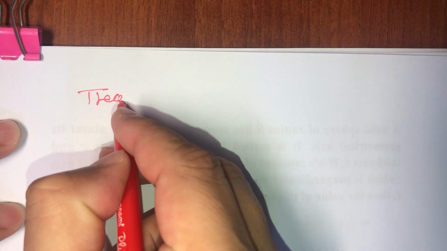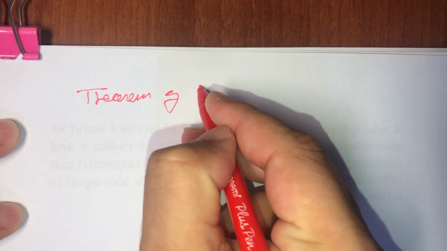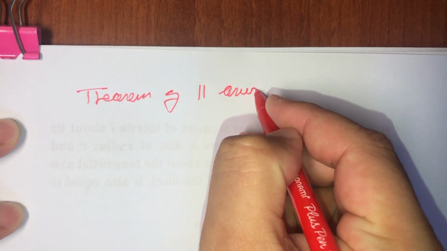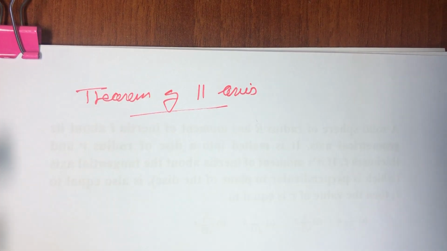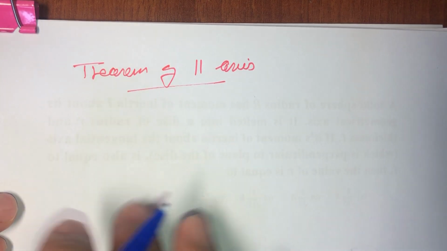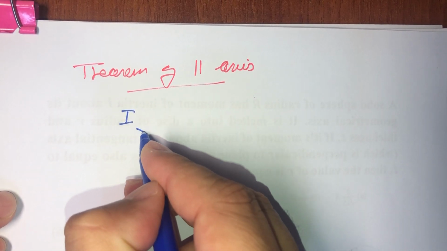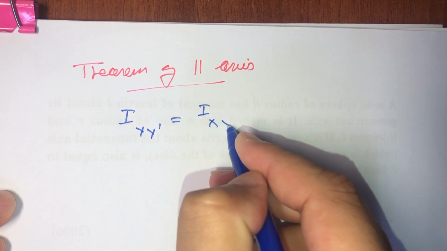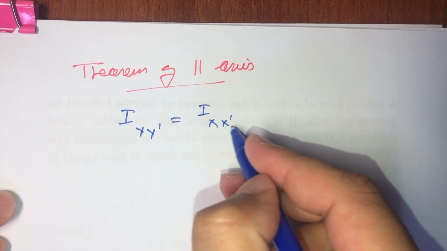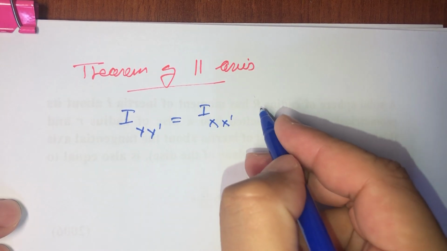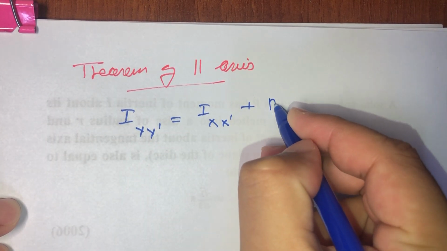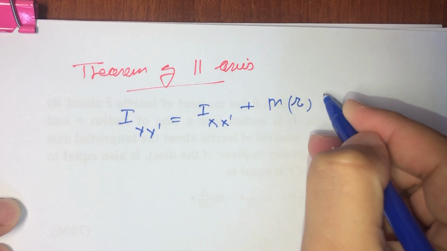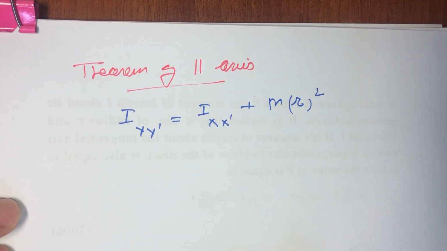According to the theorem of parallel axis, moment of inertia for y prime will be equal to the moment of inertia for the axis to which it is parallel, that is I x prime, plus the mass and the perpendicular distance square, which will obviously be the radius.